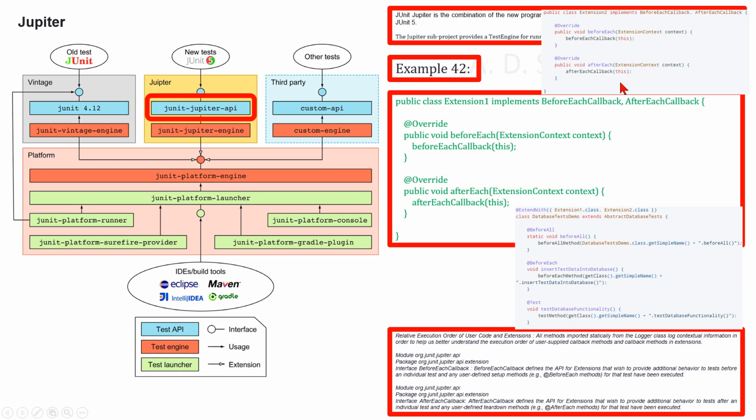Similarly, given the two extensions registered in the same order, any after callbacks implemented by Extension 1 are guaranteed to execute after any after callbacks implemented by Extension 2.